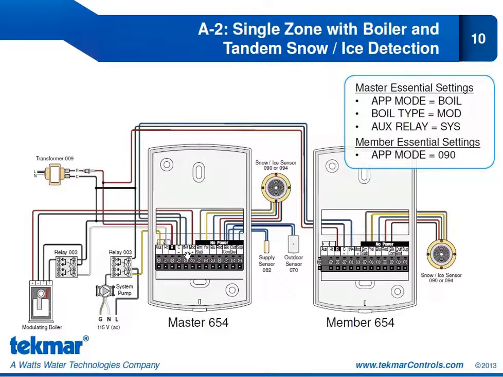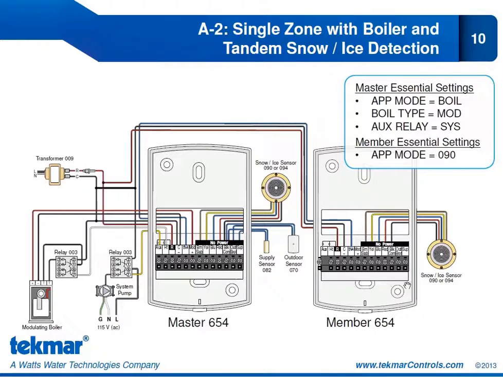And our TN4 and C terminals will be connected to the member 654. So that sensor information of the snow ice sensor 090 or 094 is connected to the master through this TN4 communication.